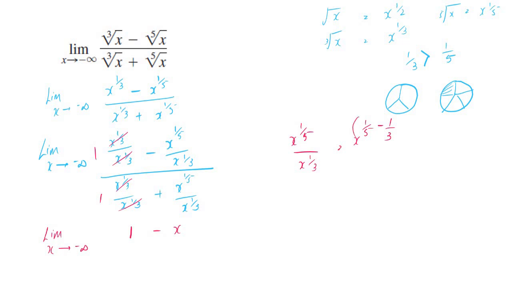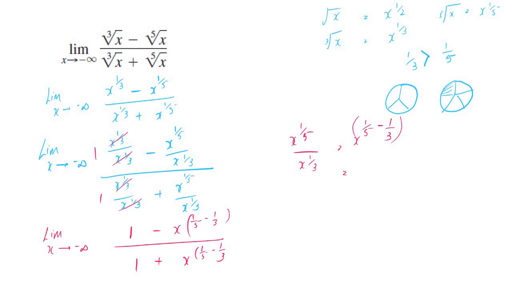So we can subtract the exponents, because they are divided. So we'll write that right away: 1 minus x to the power 1/5 minus 1/3 over 1 plus x to the power 1/5 minus 1/3. Because this is in the denominator, we use it as minus 1/3.